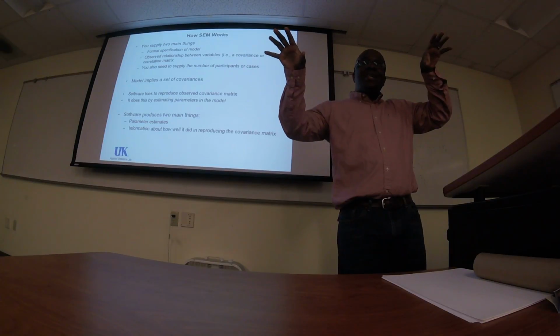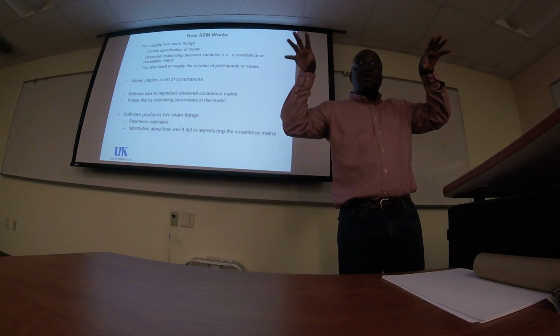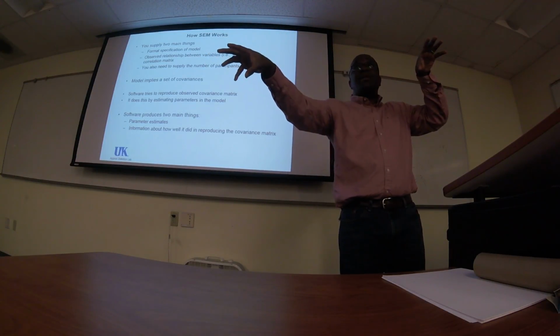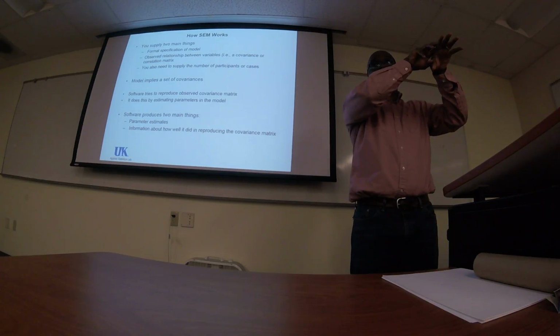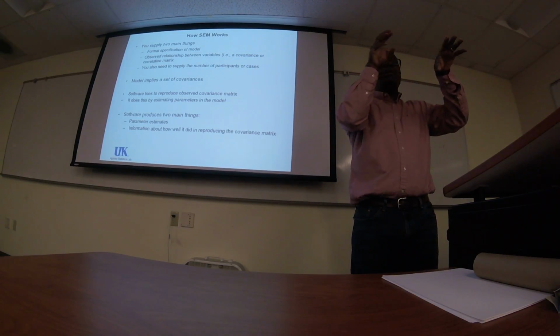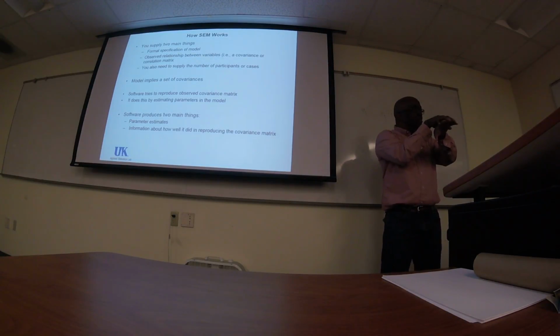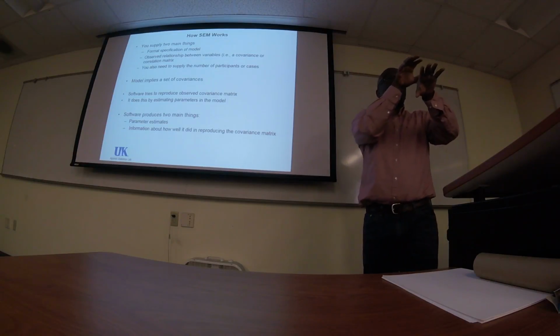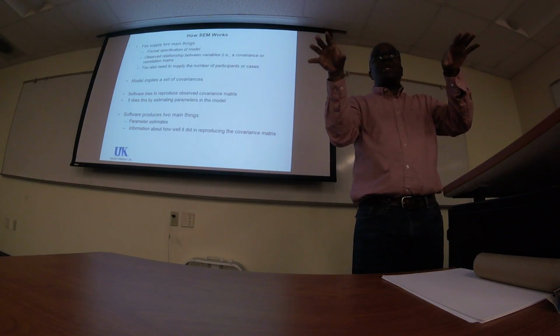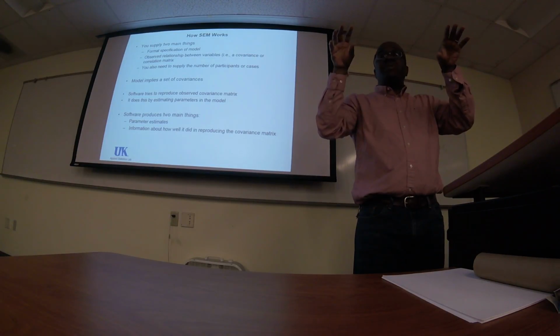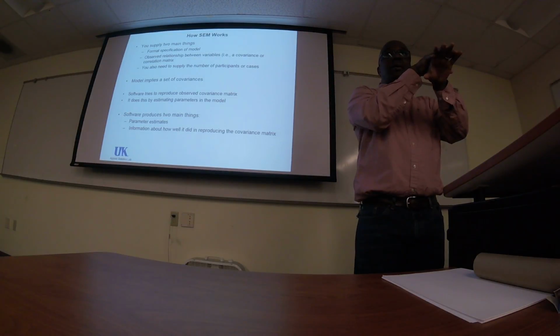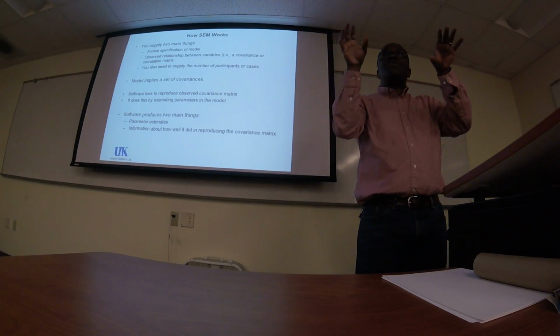Let's try if with the matrix of correlation we can reproduce the structure. And within the model, there will be some way of telling you if this is a good fit, if your data fit the model well.